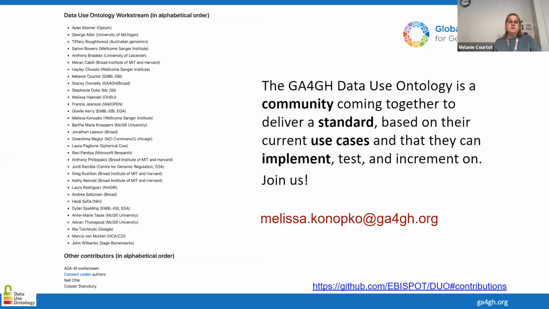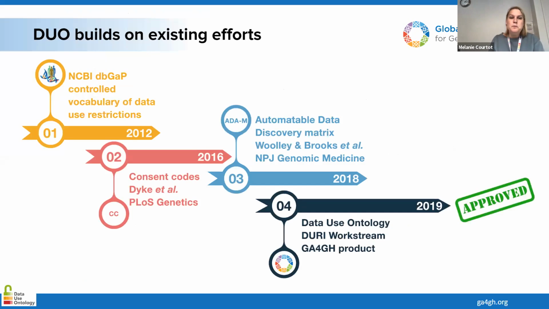On the next slide, I also wanted to say that there are people behind DUO, but there's also pre-existing work. And I really wanted to take the time here to acknowledge past projects which have informed the development of the data use ontology.